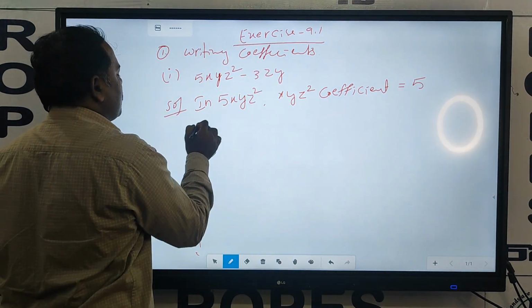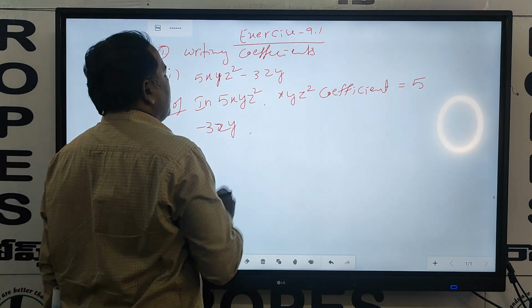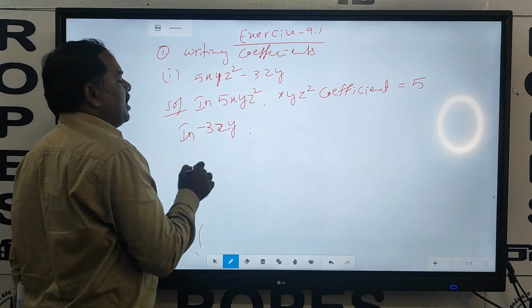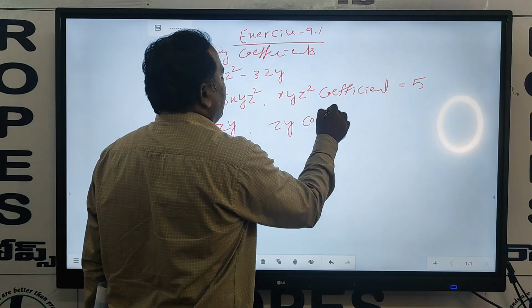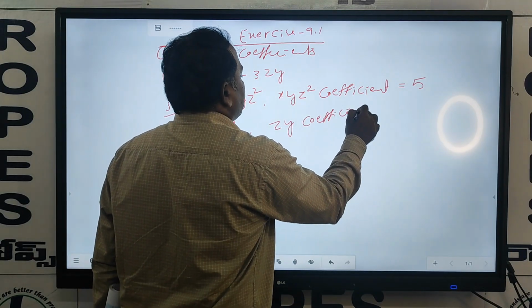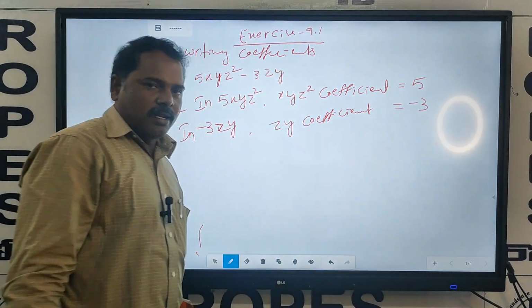In the same way, in minus 3zy, zy coefficient is equal to minus 3. Like this we have to write.